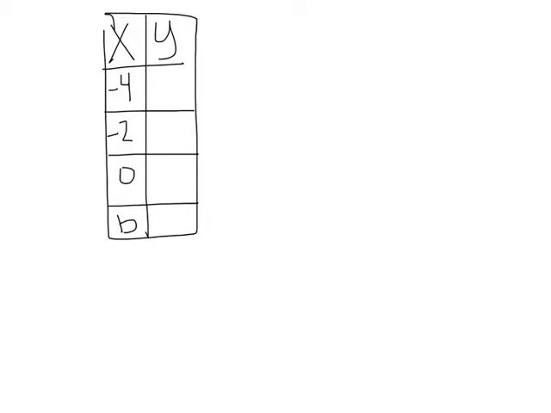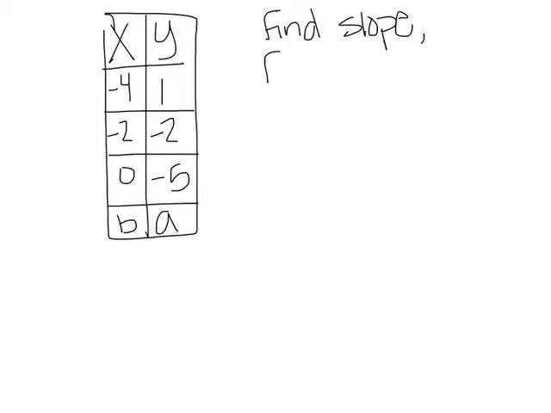And our y values are 1, -2, -5, and we don't know that one either. Okay? So remember, our objective is to find the slope, find the y-intercept, and write the rule.